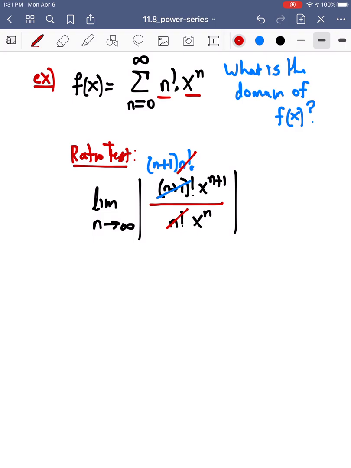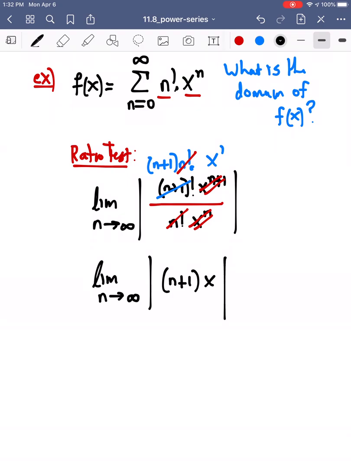Similarly, we can also cancel out a factor of x to the n out of both terms in the numerator and denominator to be left with an x to the power of 1 in the numerator. So let's rewrite what this limit looks like. This limit looks like the limit as n goes to infinity of n plus 1 times x.